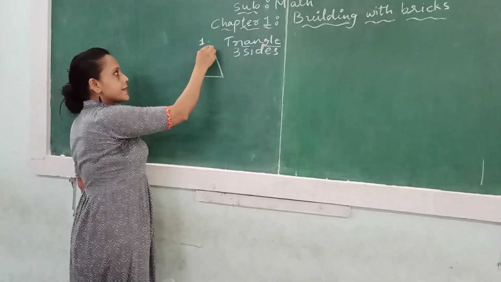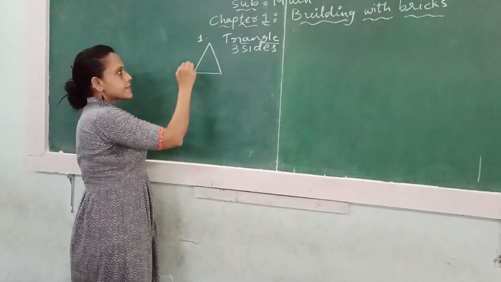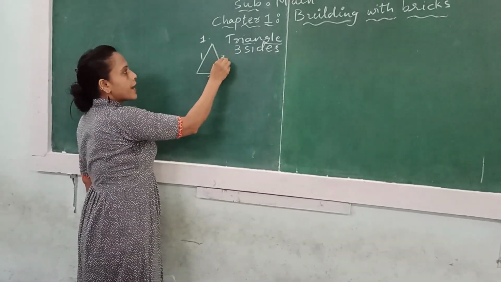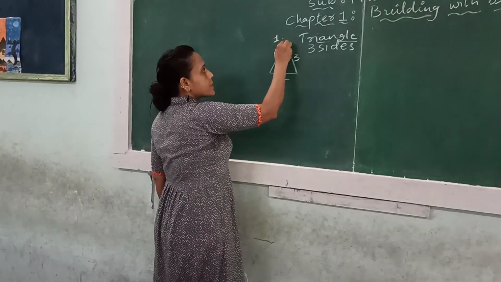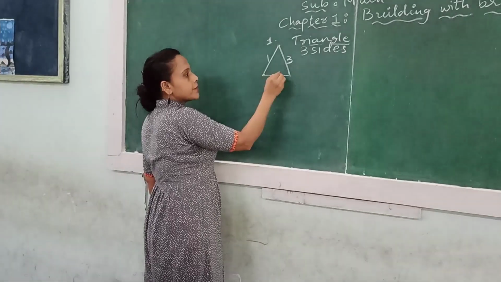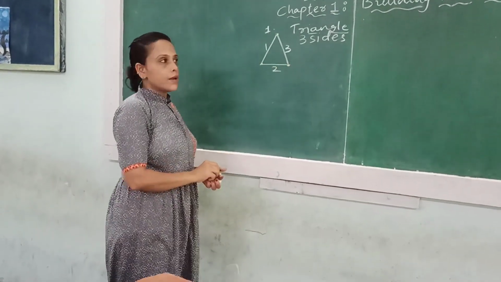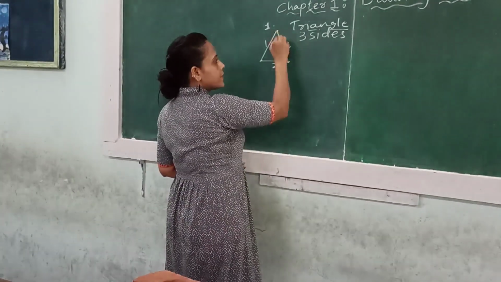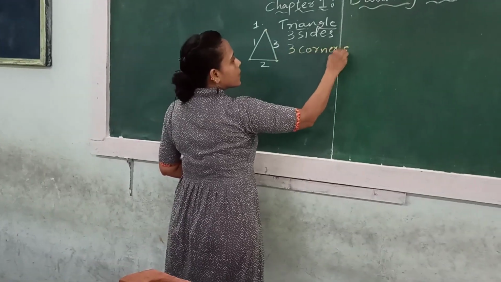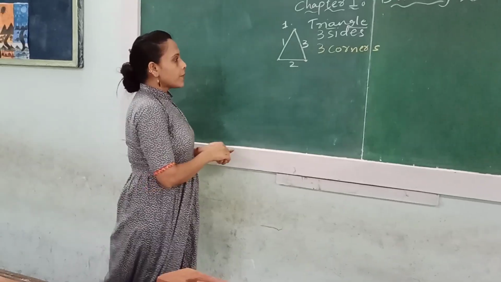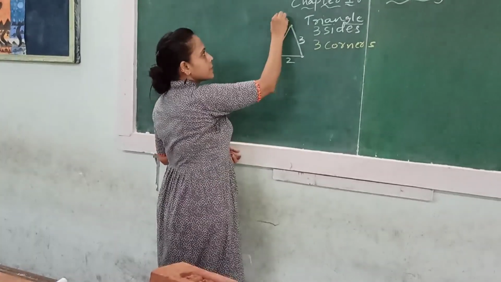These line segments are called sides. 1, 2 and 3. 3 sides, and where the 2 line segments join, that part is called a corner. So how many corners? 3 sides and 3 corners.